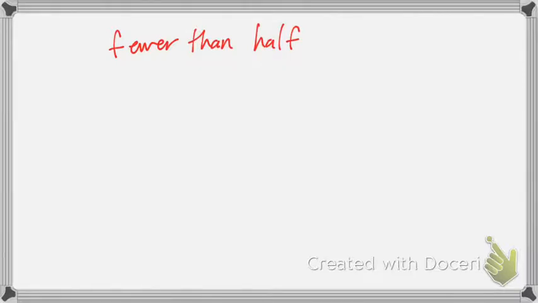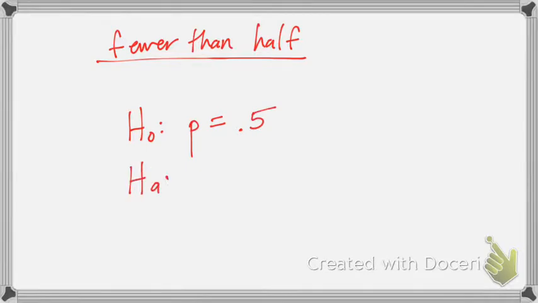So, fewer than half. The claim is that, would this be a P or would this be a mu? P, because it's out of 1,000. So, it's a proportion. P equals 0.5, but I think that it's less than that.